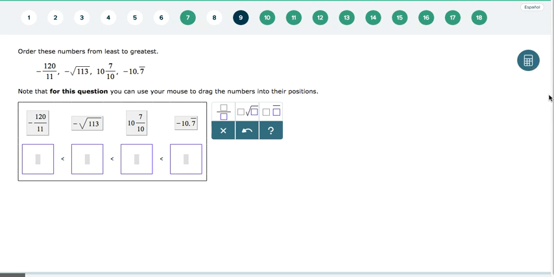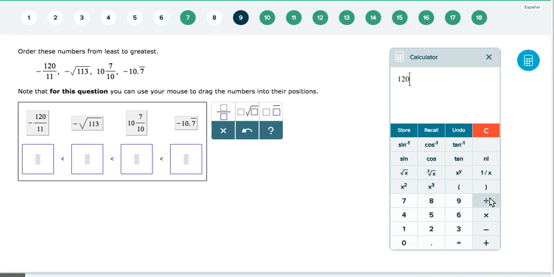Okay. So we will start with negative 120 over 11. So I have 120 over 11. Now I'm going to round to the hundredths place just to be sure. So my first one is 10.91. Okay. Next one, oops, square root of 113.